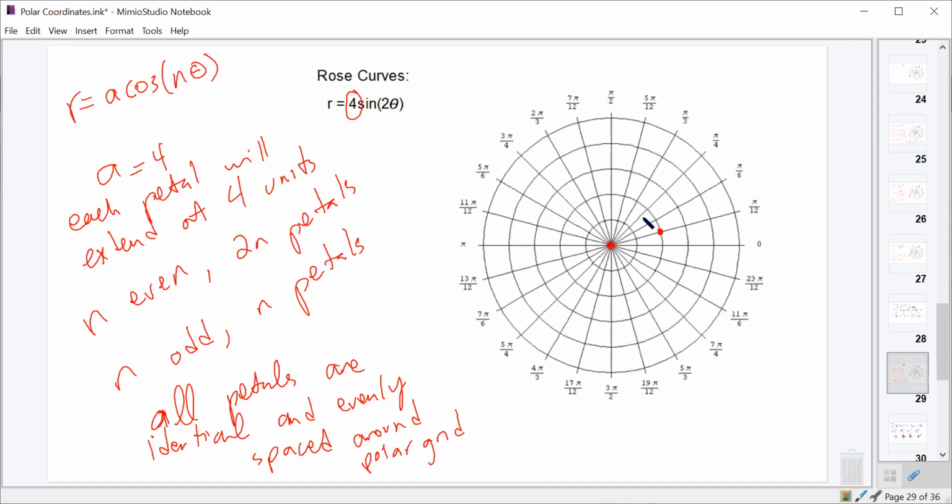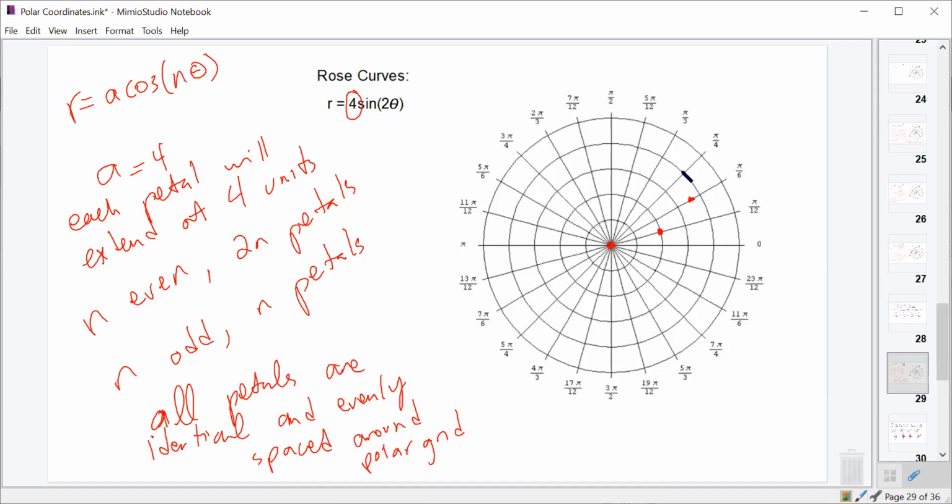If I plug in pi/6, that's going to be 2 times pi/6, which is pi/3. The sine of pi/3 is √3/2 times 4 is 2√3. That's going to be a little bit shy of 4 units. And what about at pi/4? If I plug in pi/4 and double that, that's pi/2. Sine of pi/2 is 1 times 4 is 4.